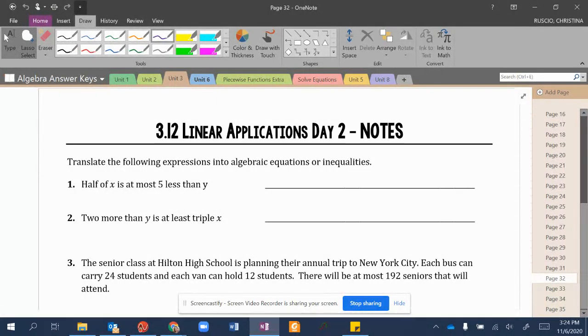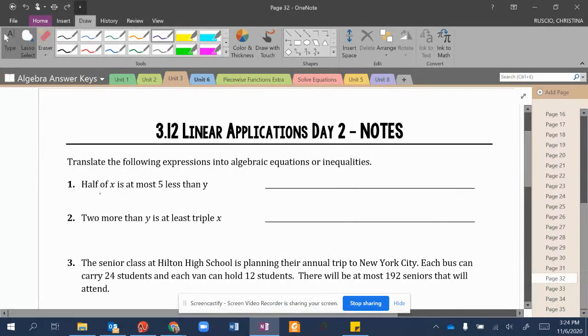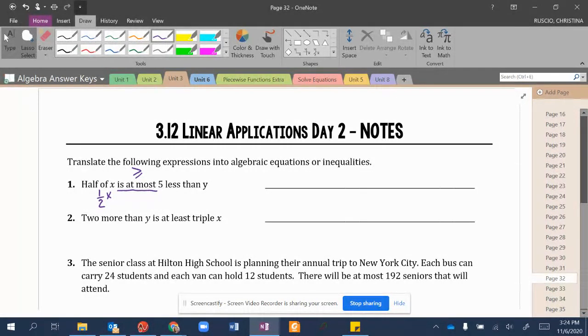So number 1 says half of x is at most 5 less than y. So let's turn this into some algebra. So half of x is at most. So at most, a lot of people think it's greater than or equal to because they see most and they think that.